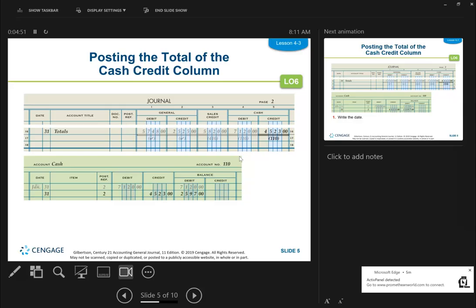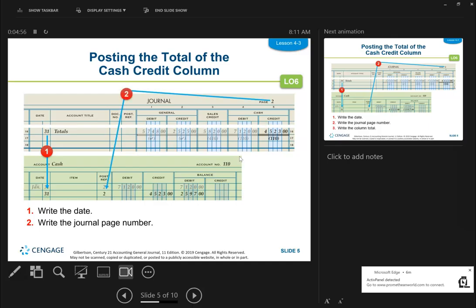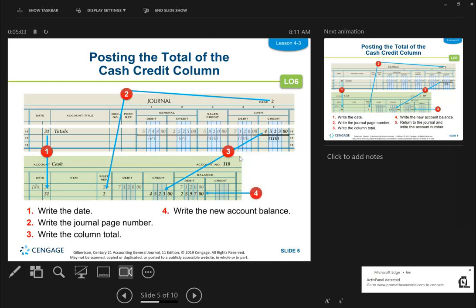And then the same idea for the cash credit column. So again, date, reference, amount. What's the difference though when we do the totaling? Credits cancel out debits. So instead of recording a separate credit total, we had 7,120, we take out 4,523. So we're still positive, so in the debit column, the 2,597. Just the difference of those two numbers.